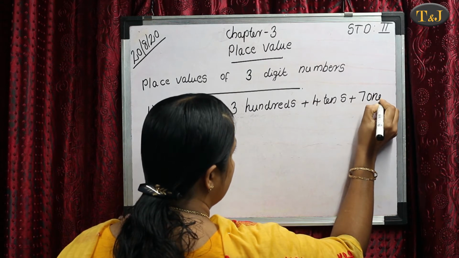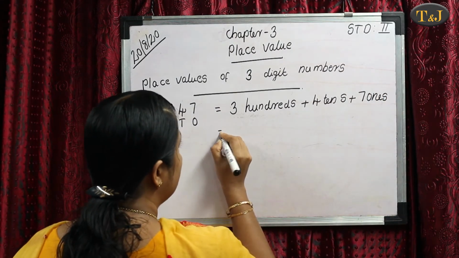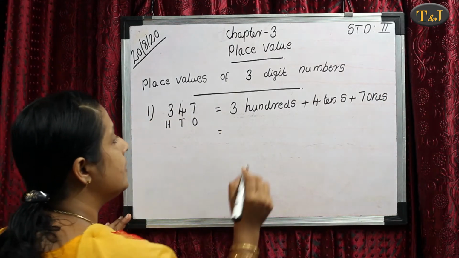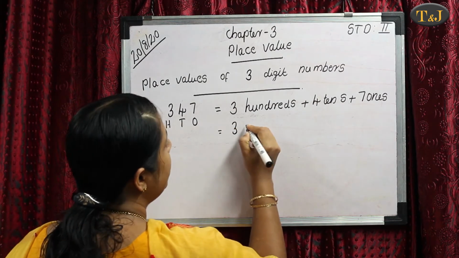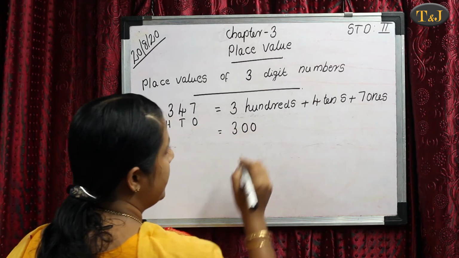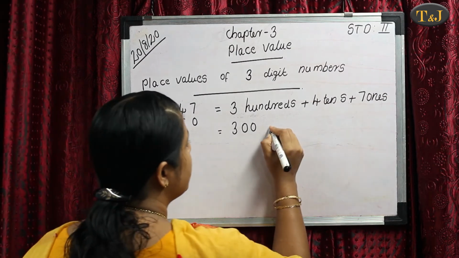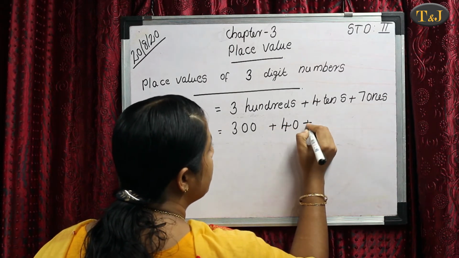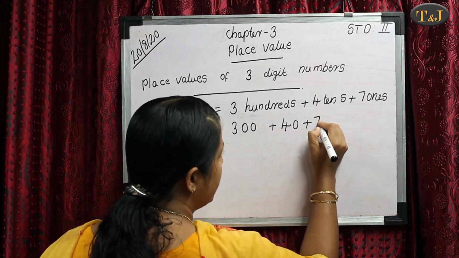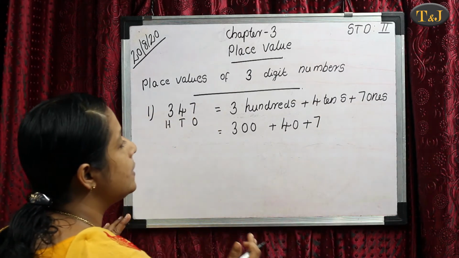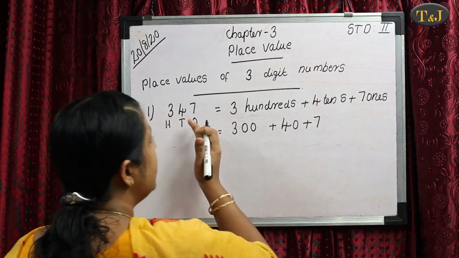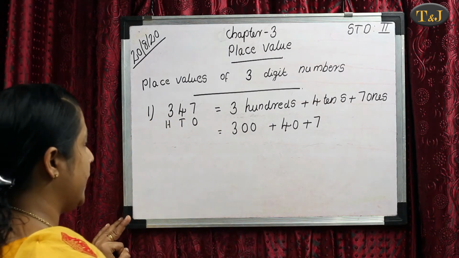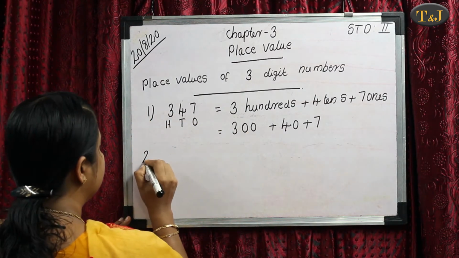Right? Then 3 hundreds means 300, plus 4 tens means 40, then 7 ones means 7. So we write 300 plus 40 plus 7 as 347. Okay, then one more example.